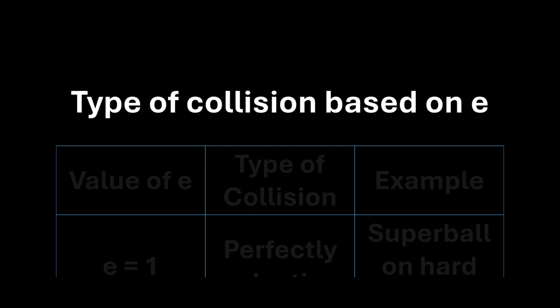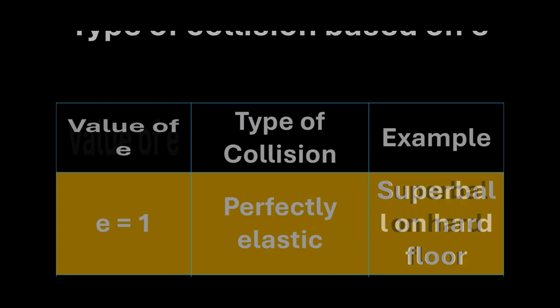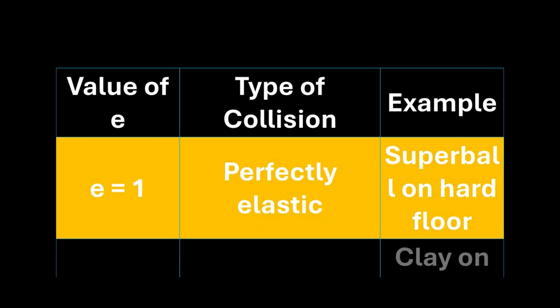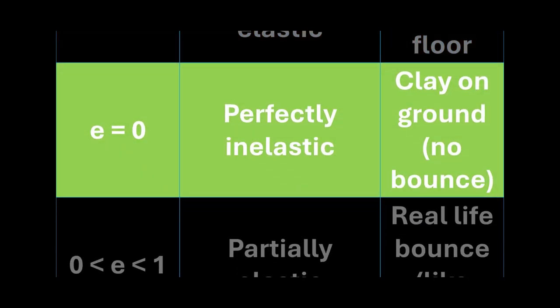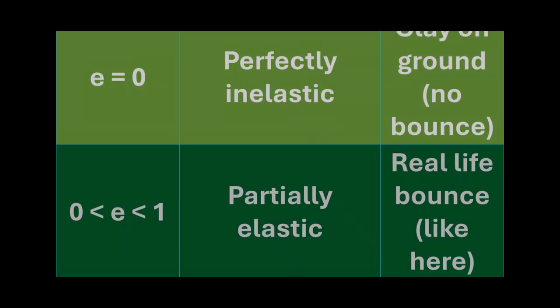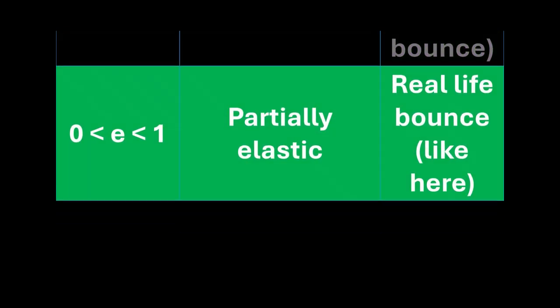This bounciness can be explained with the type of collision, where e equal to 1 means it is perfectly elastic. e equal to 0 means the collision is perfectly inelastic. And the real collisions, the ones we see in real life, have e in the range of 0 to 1, making them partially elastic.